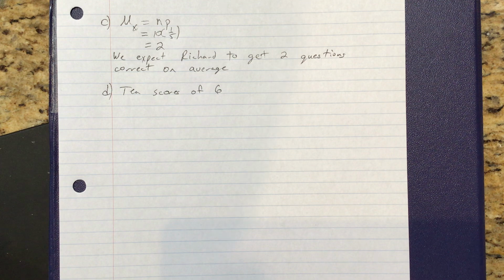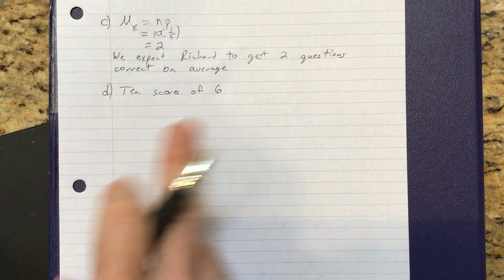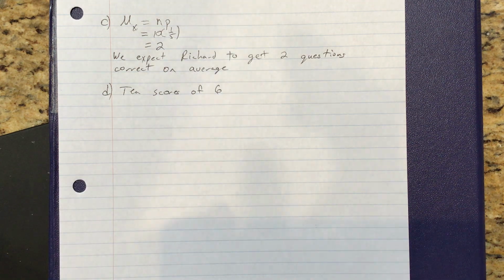Okay, so we want to go back and see the probability of getting 6, right? Once we have the probability of getting 6, we simply have to solve for how many students would need to take it, that number times the probability of 6 equal to 10.